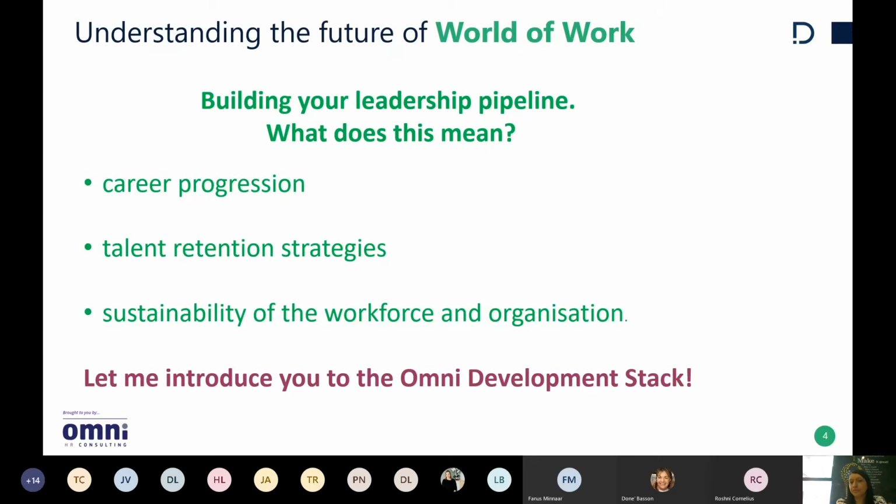But how do we do this? So I'd like to share with you the concept that we have here at Omni, and it's called the Omni Development Stack. It's going to take you through stages of how you can actually develop your current and future leaders. Okay, so I'm going to share my screen again, and I'm going to show you and introduce you to the Omni Development Stack.